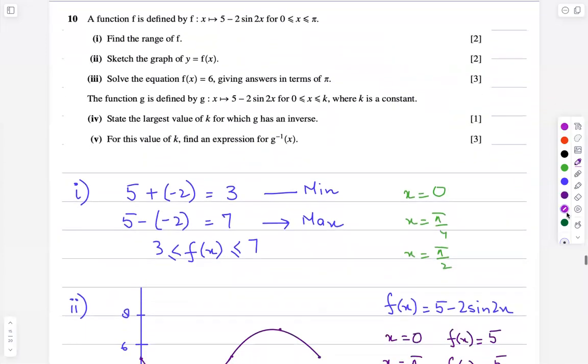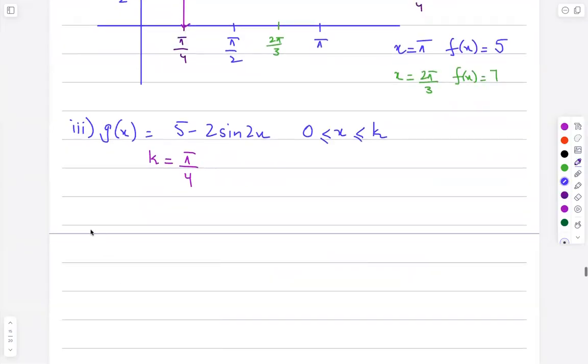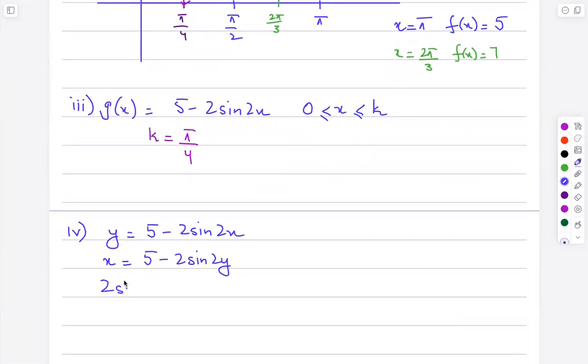In the next part, it says for this value of k, find an expression for g inverse. Now we already have g of x as 5 minus 2 sine of 2x. To find the inverse function, we can first write y equals 5 minus 2 sine of 2x. Exchanging the values of x and y, this will be x equals 5 minus 2 sine of 2y. Now making y the subject, we'll take 2 sine 2y on the left hand side and x on the right hand side, so this will become 5 minus x.